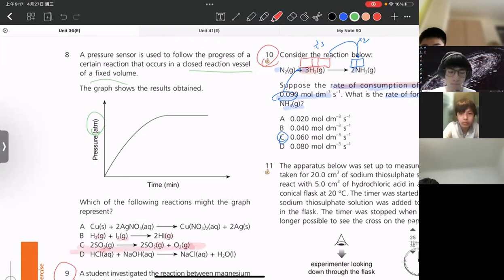Why? Why is it C? Now there should be a reason to support your answer. Now B or C both involve the reaction between gases to form other gases. But why would you choose C but not B?